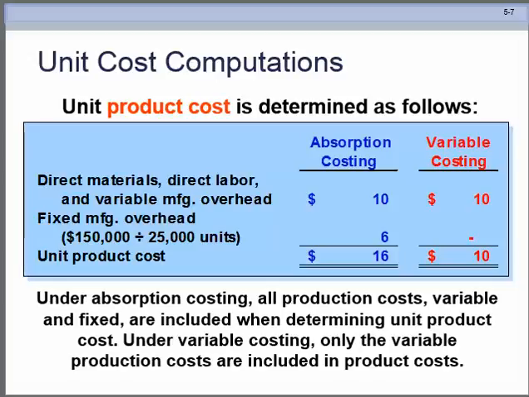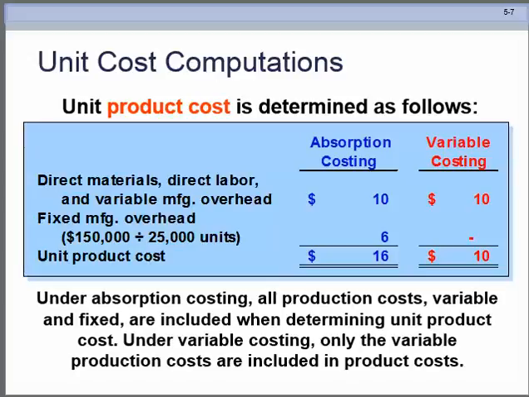Okay, so let me give you a quick reminder before we move too much further forward. There's a relationship between ending inventory and net operating income. Higher ending inventory results in higher net operating income because cost of goods available for sale less the ending inventory equals the cost of goods sold.